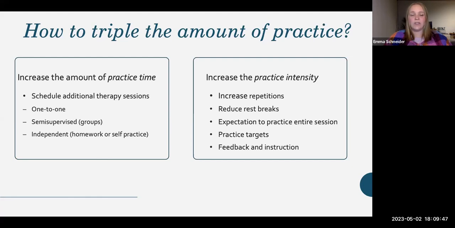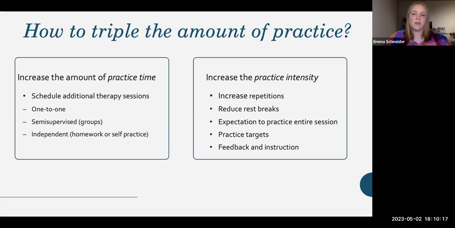And the expectations aren't just for patients, that we set them up with the expectation that when you're in therapy, you're here to practice. But I think we also need to set expectations for ourselves as therapists, that we need to be prepared and ready to help this person practice straight away as soon as we get them set up into their session. We need to set practice targets in terms of the number of practice minutes or the number of repetitions or both, and provide really clear feedback and instruction in how goals should be achieved and repetitions should be practiced.